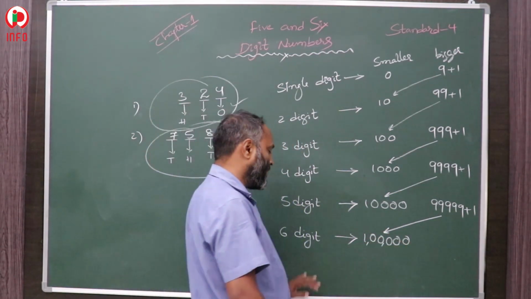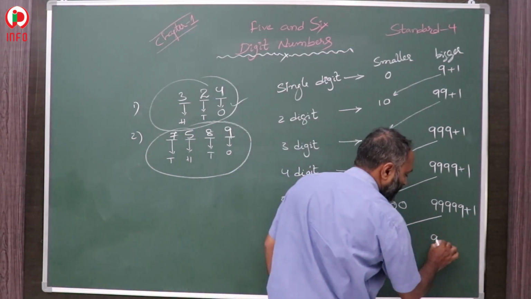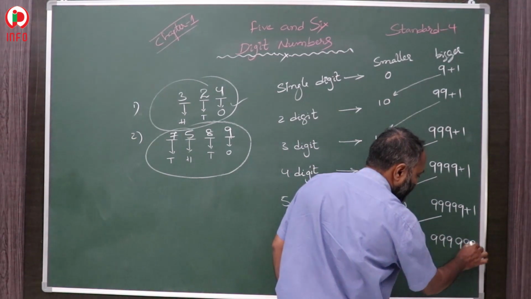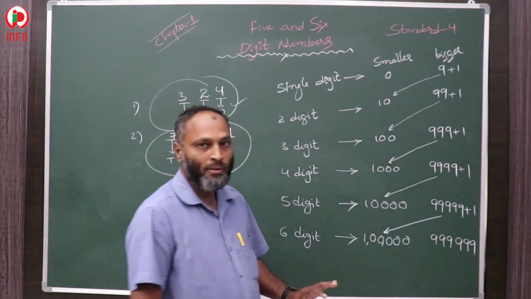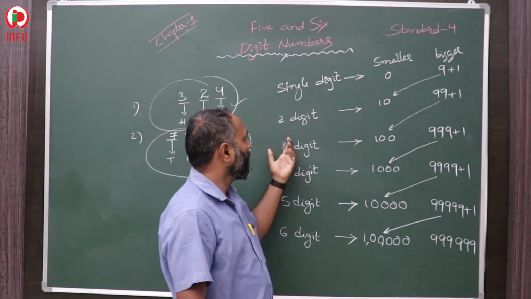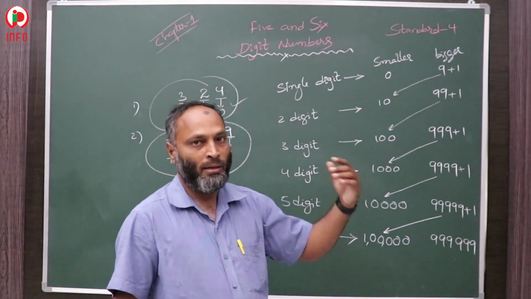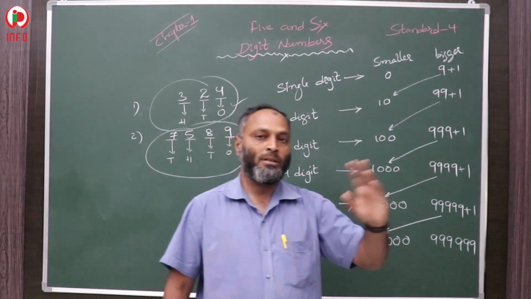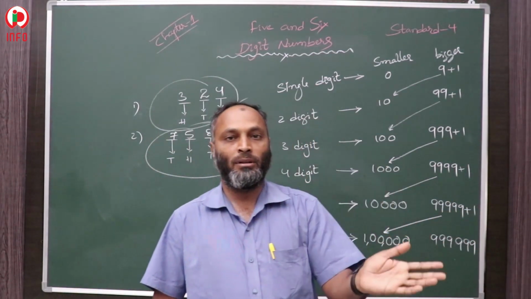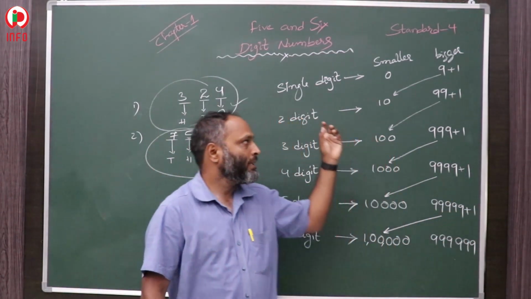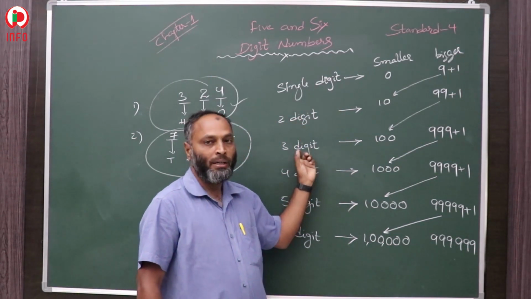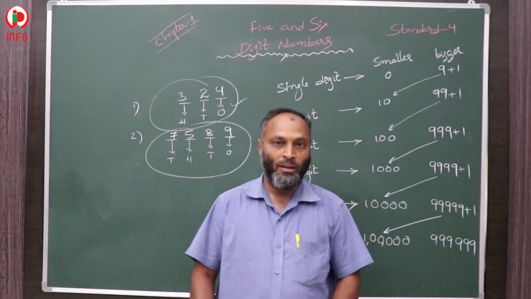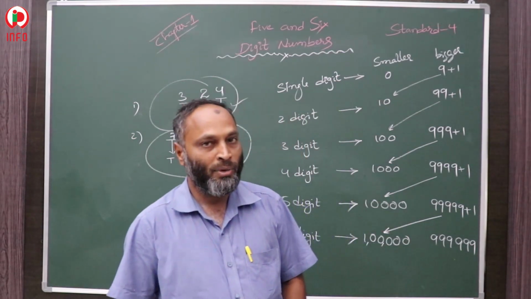In the same way, the 6 digit larger number is 9,99,999. So this is the way to find the smaller and larger, that is bigger, numbers in single digit, 2 digit, 3 digit, 4 digit, 5 digit and 6 digits. These are the smaller and bigger numbers.